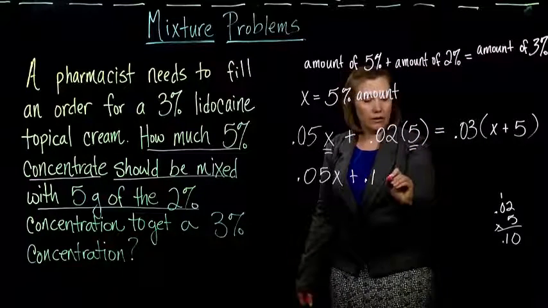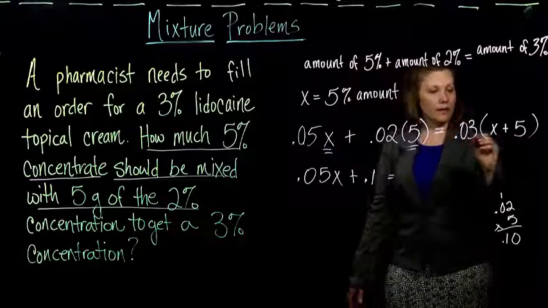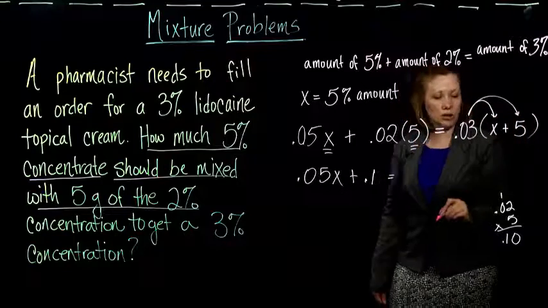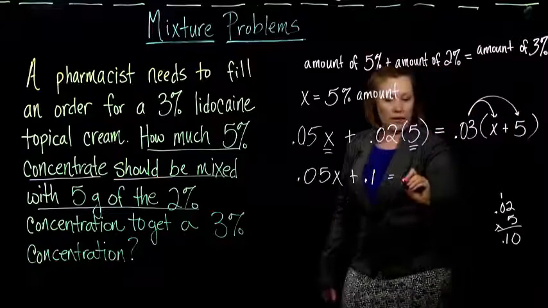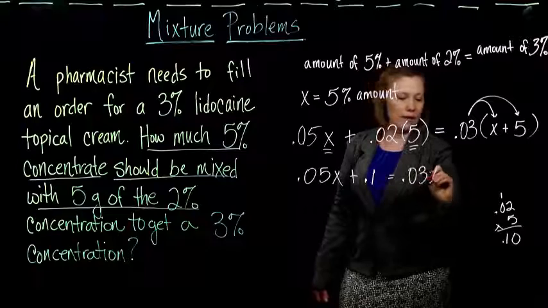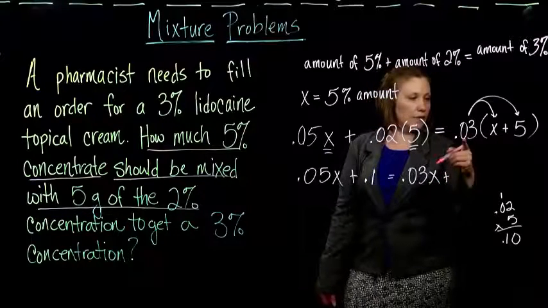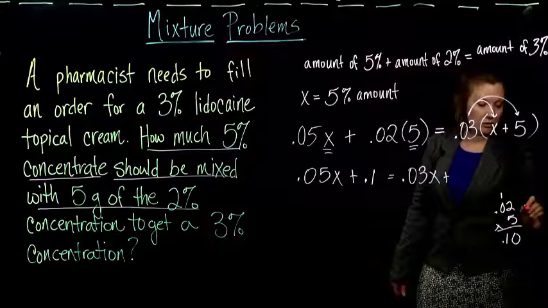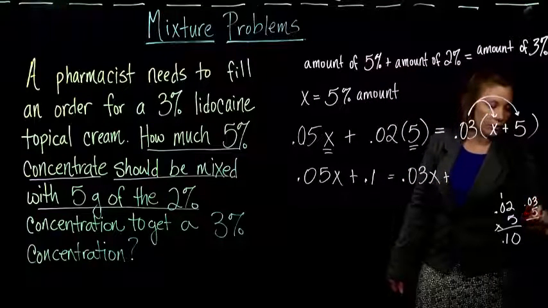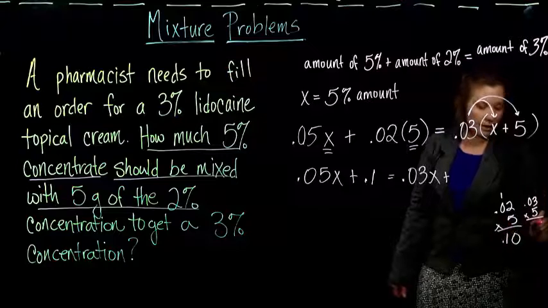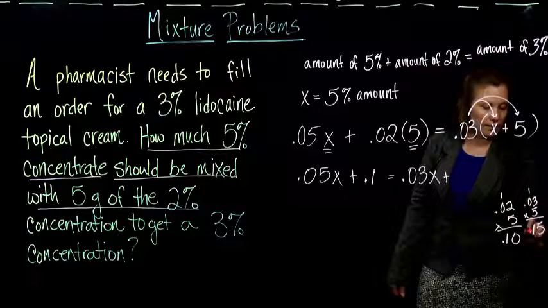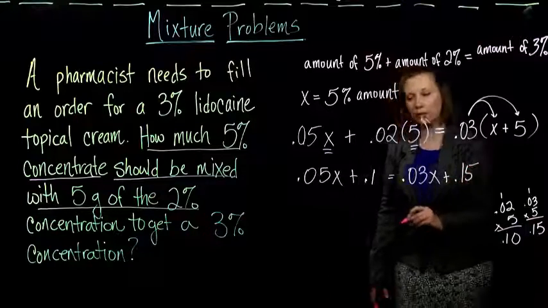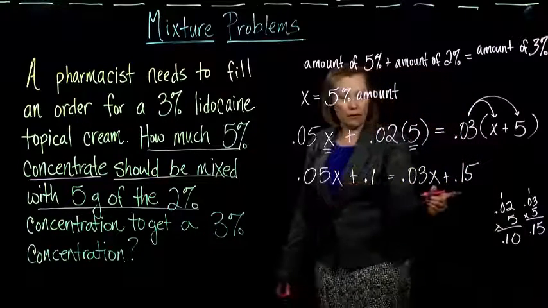Then I need to get rid of these parentheses, and if you remember from our solving equations section, I can just use the distributive property. So I have 0.05x equals 0.03x plus, and then I have to figure out what 0.03 times 5 is. Again, do a little scratch work off to the side. That's okay. It's 0.15. And now I just have to solve this for x.